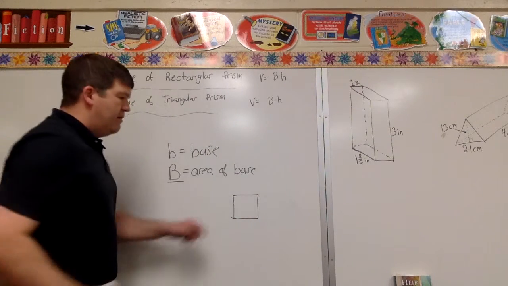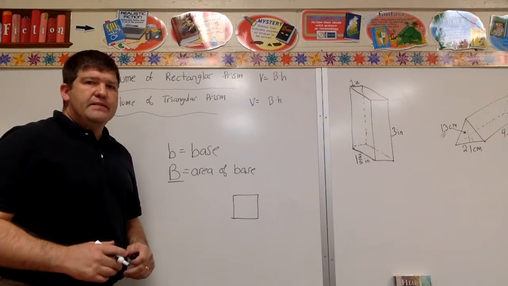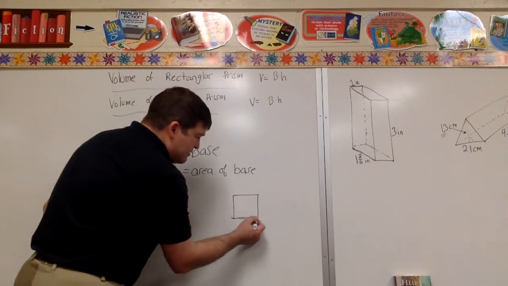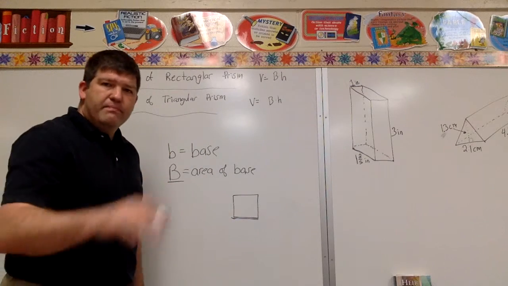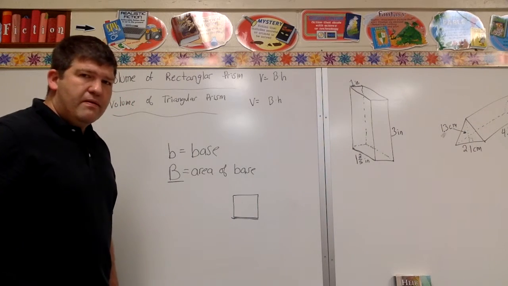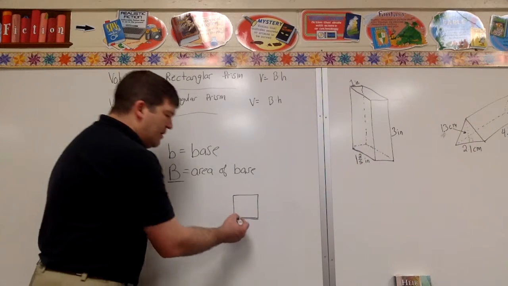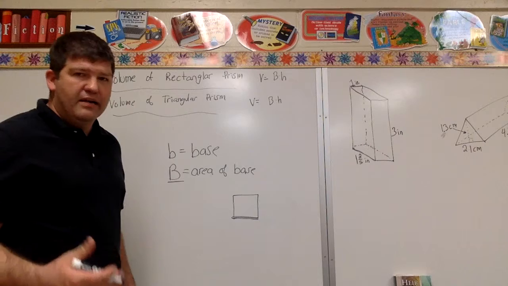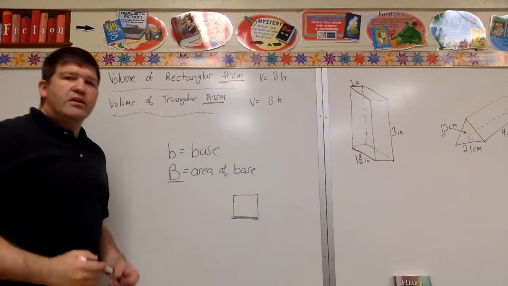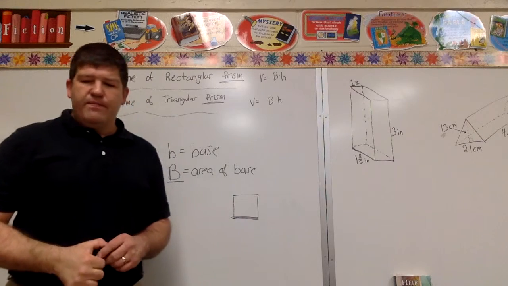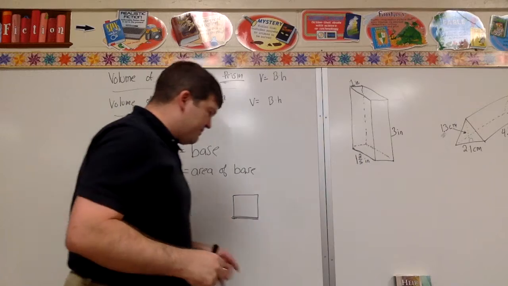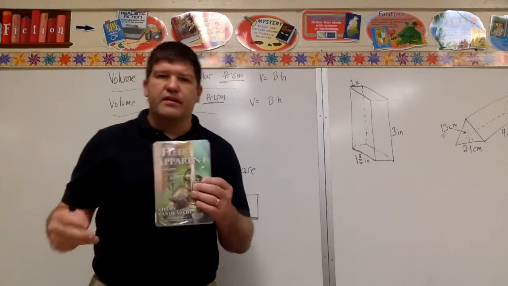In a figure like this, it's not a prism, so it's not a 3D shape. So the base is just the bottom, whatever it sits on. And you're not going to have an area of just this line. But when you start talking about prisms, a 3D figure, you have a base that it sits on, like this book here.